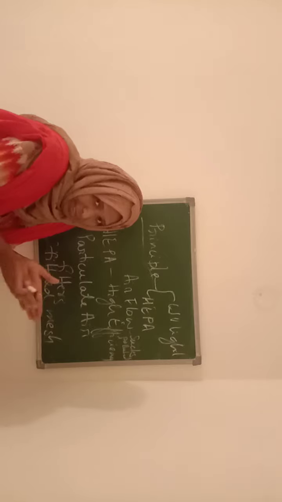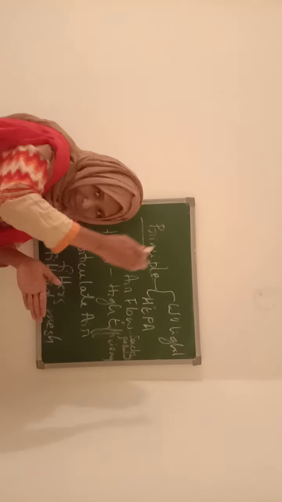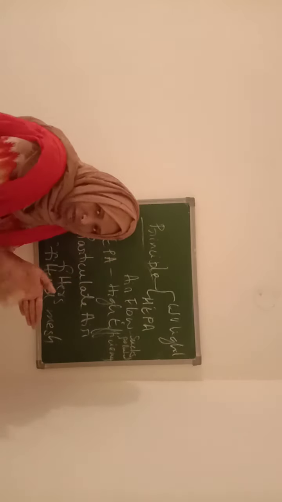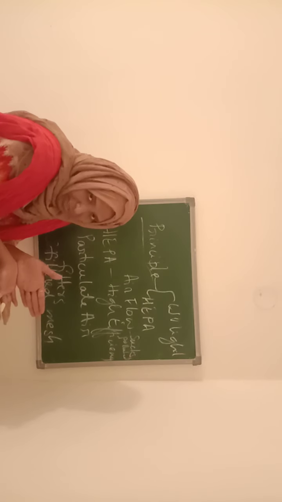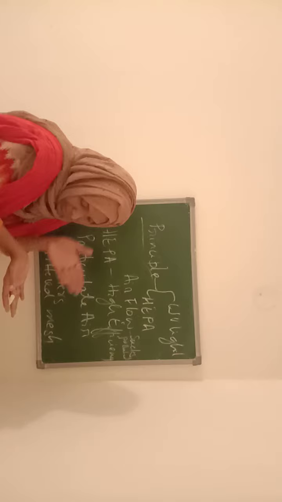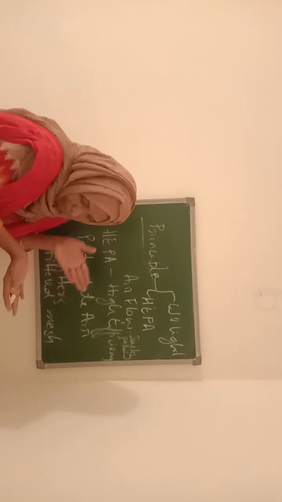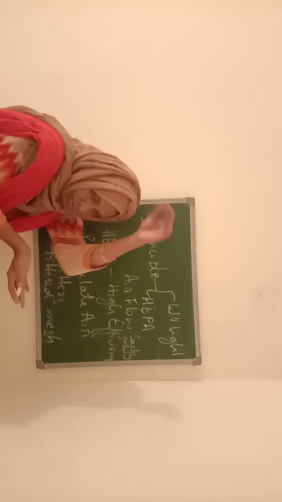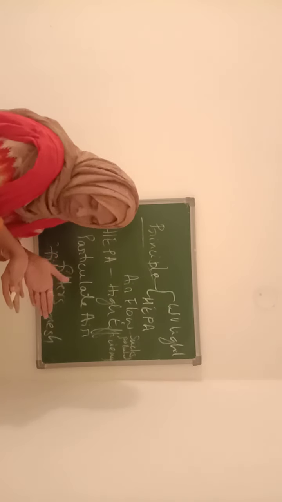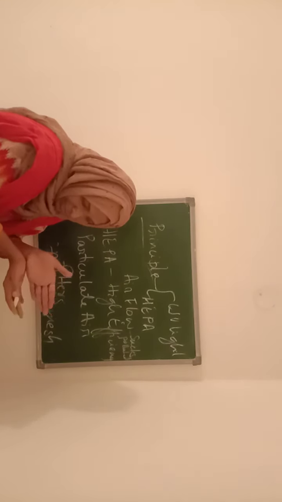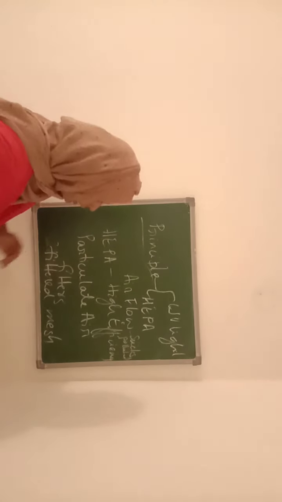So HEPA filters are like this. It will first suck the air, and that air is passed through the HEPA filters, and these HEPA filters are present in the working area. So this is the working area, and these are the HEPA filters. From outside it will suck the air, and the air will be filtered through these HEPA filters, and it will be provided to the working area.